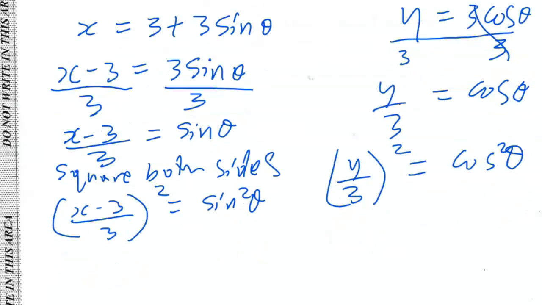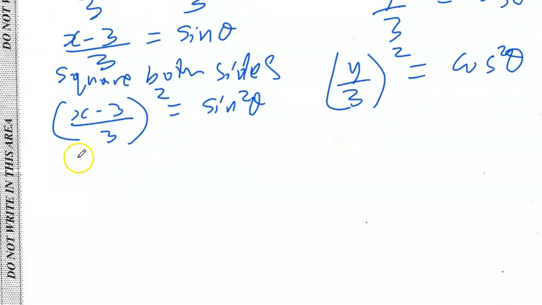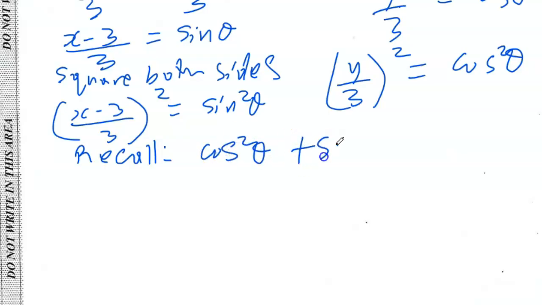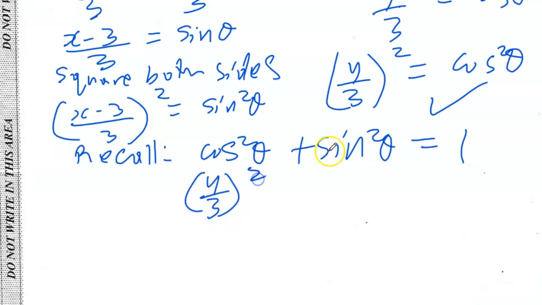Now, recall a very famous trig identity: cos squared theta plus sine squared theta is equal to 1. Now, from here, cos squared theta is (y over 3) all squared, and sine squared theta from here is ((x minus 3) upon 3) all squared.